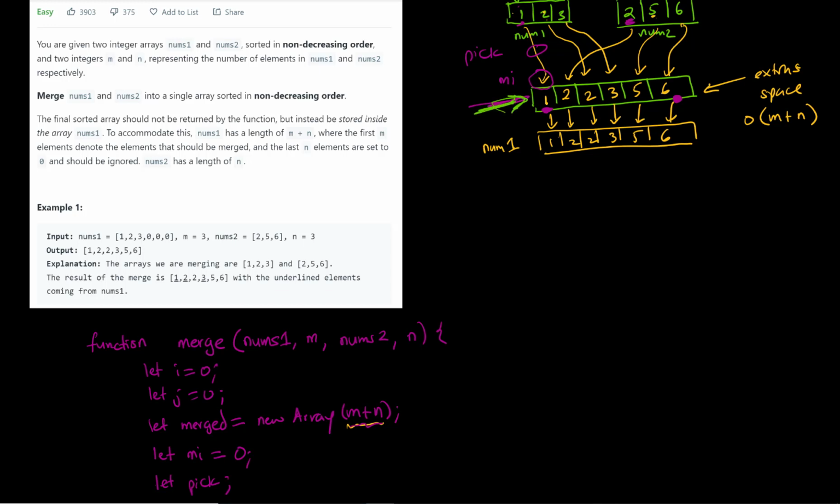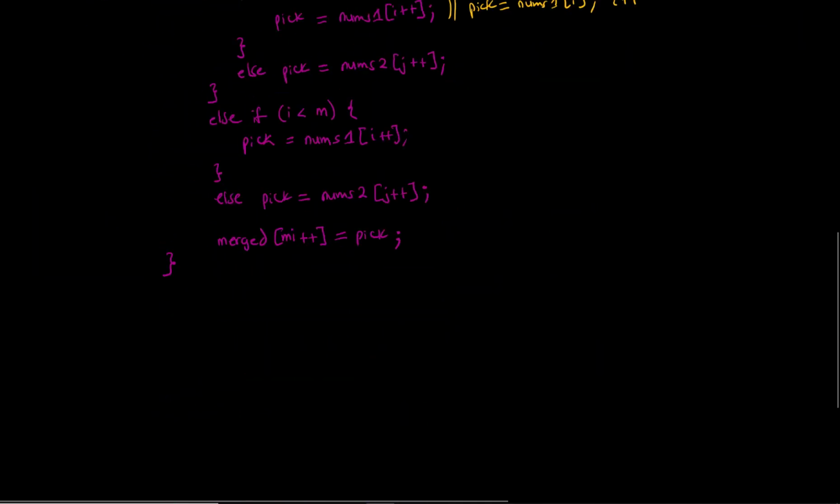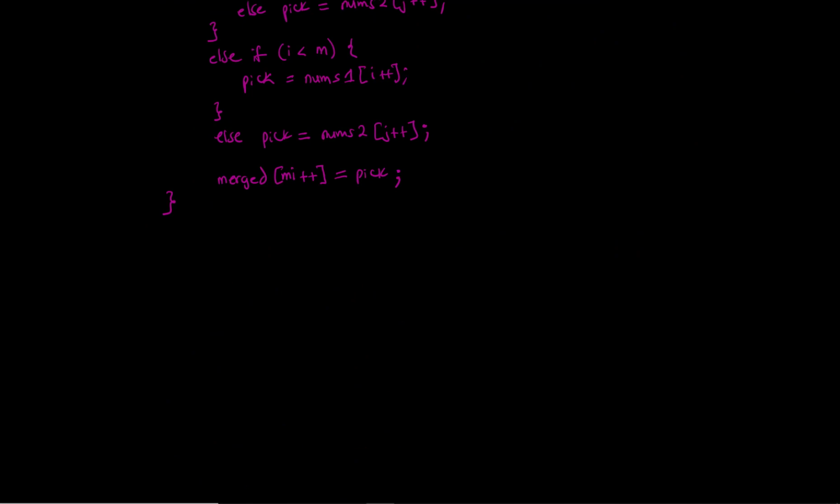So the remaining part is just to copy over the things into nums1. Copying the stuff into nums1 is as simple as one for loop. So we just do a for i equals 0, remember i had already been initialized, i less than merged dot length.